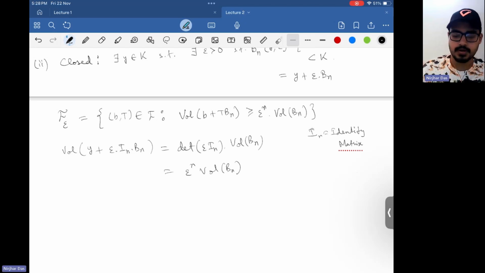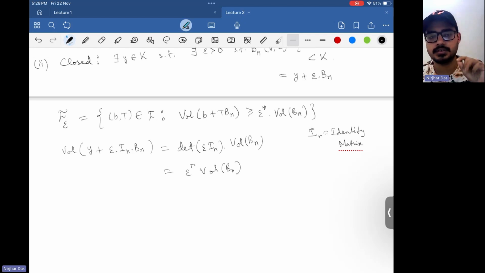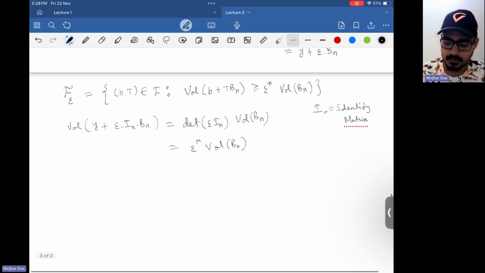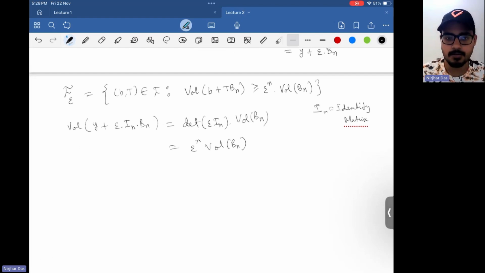So what we have done is we know that there exists some point y in this set K such that the epsilon ball around y is contained inside this set, and therefore we have taken that set and considered all ellipsoids whose volume is at least this much. The claim is that this F epsilon is actually a compact set.